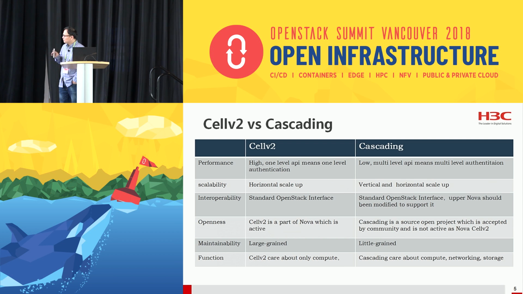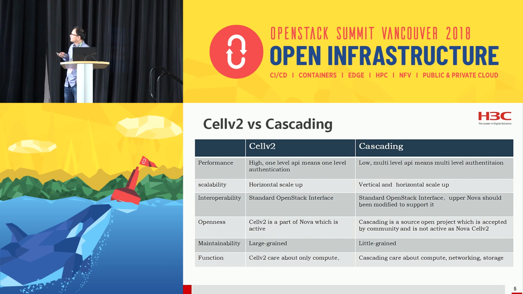For scalability, Cells v2 scales horizontally, while Cascading scales vertically and horizontally. For interoperability, Cells v2 uses the standard OpenStack interface. Cascading also uses the standard OpenStack interface, but Nova should be modified to support it.